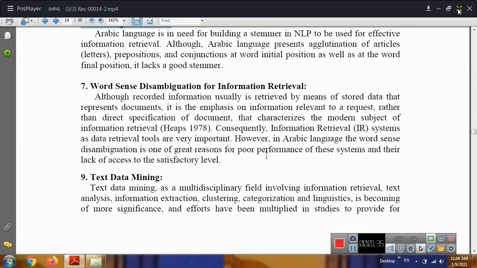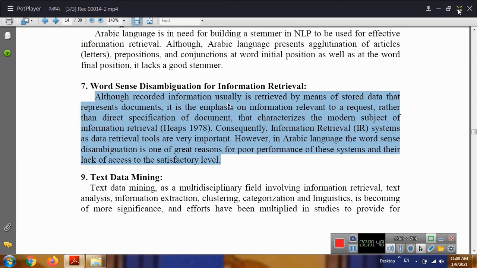Word sense disambiguation for information retrieval. Also, recorded information usually is retrieved by means of stored data that represents documents. It is the emphasis on information relevant to a request rather than direct specification of a document that characterizes the modern subject of information retrieval.